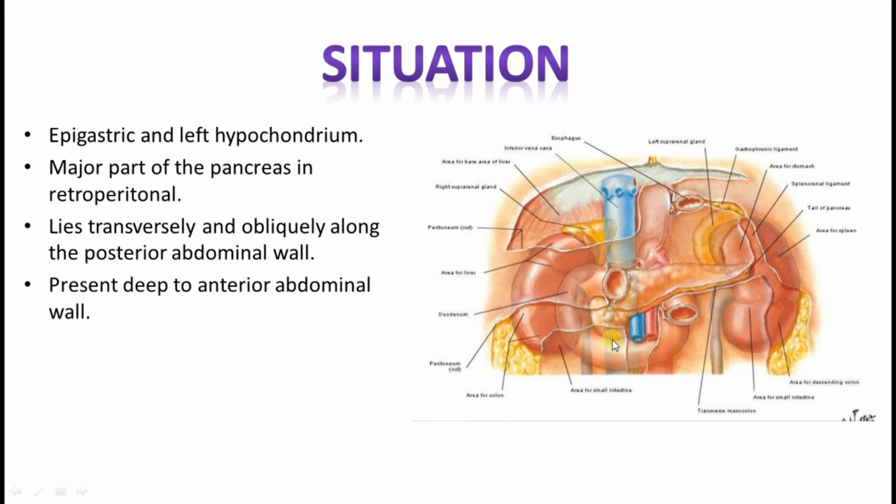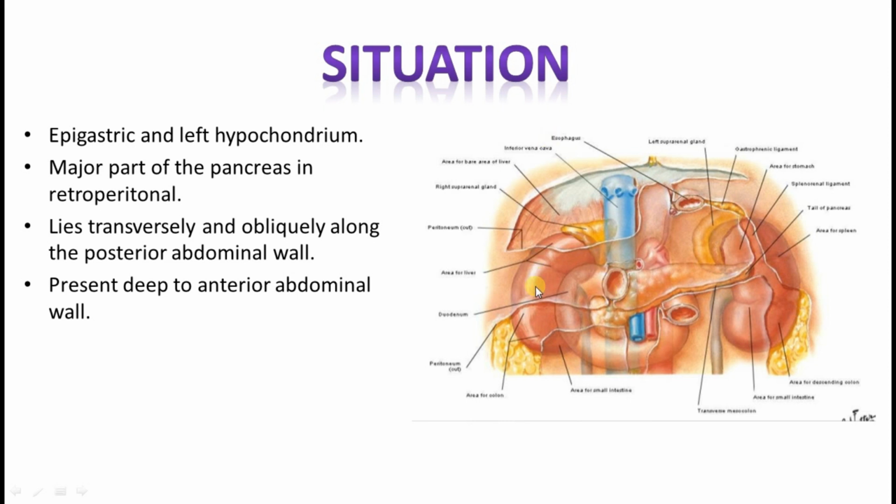So it is present in a deeper plane from the anterior abdominal wall, behind the stomach and the lesser sac. So it is just present right in front of the posterior abdominal wall.